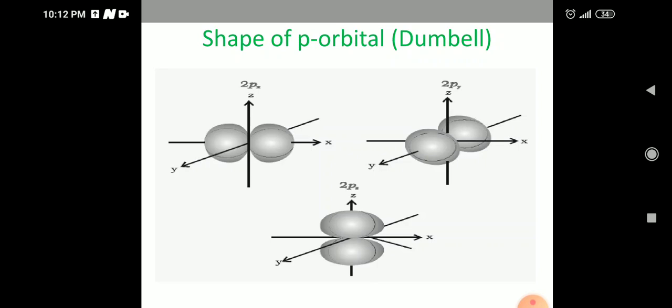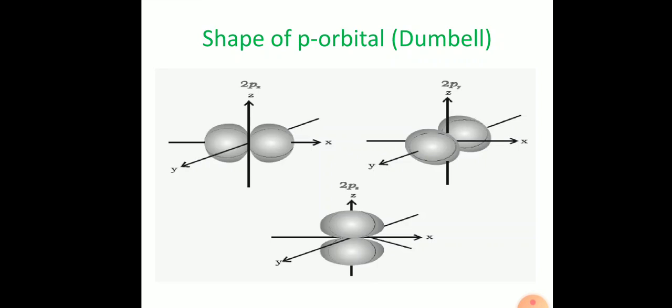Next, shape of p orbital. Okay. After this, we'll go for d. Shape of p orbital is dumbbell shape. Dumbbell. Okay. That we use in the gym to increase the strength as well as the muscle of the arms.